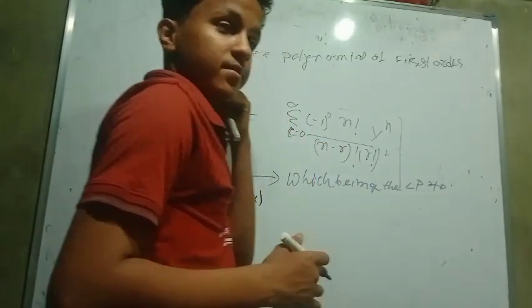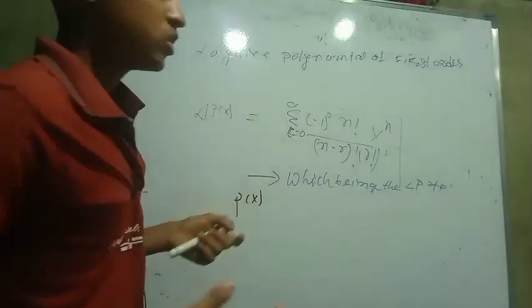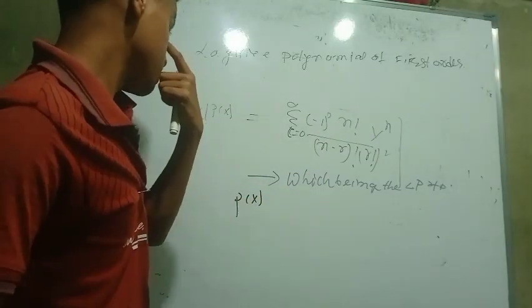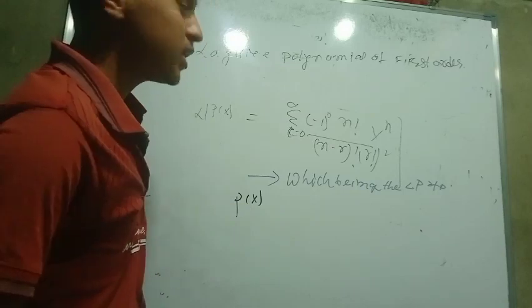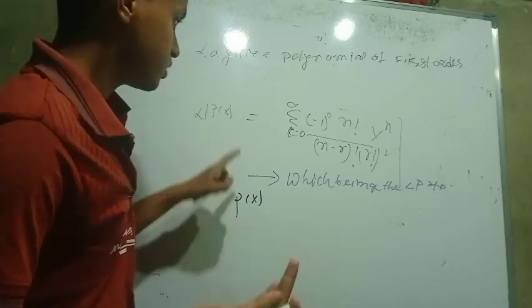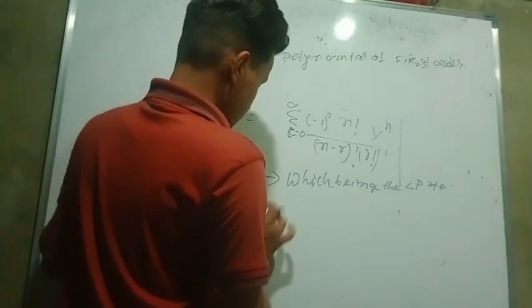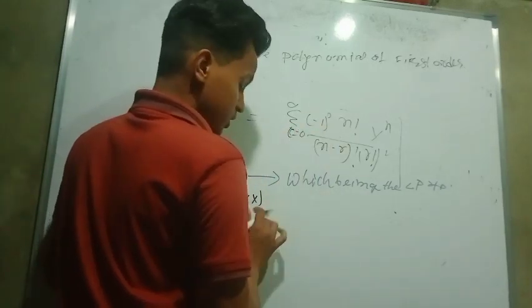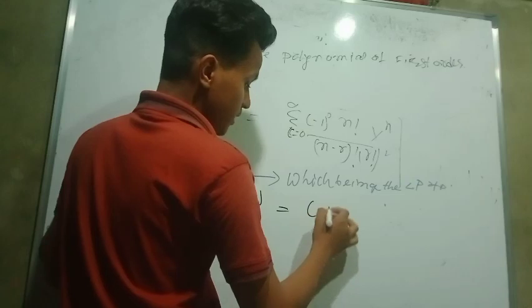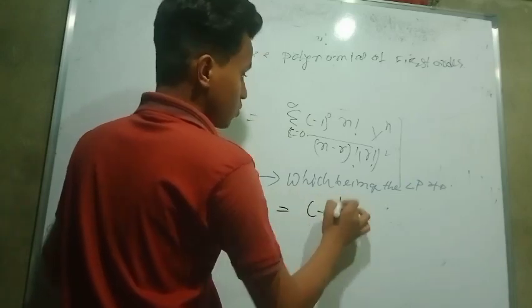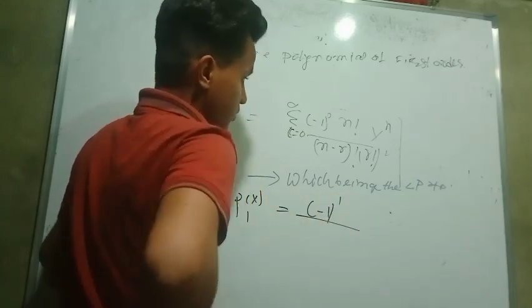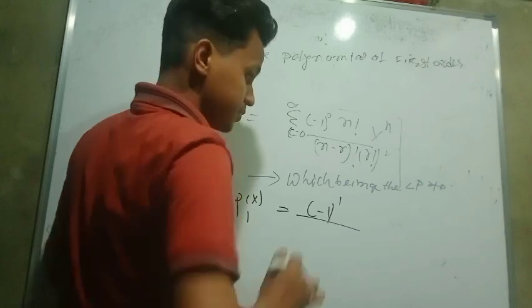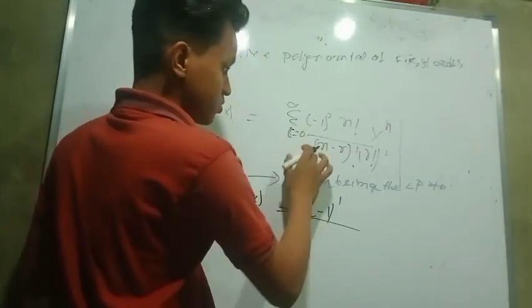Let's find some polynomials of first order, second order Laguerre polynomial. We will find a general result for the polynomial. Let's say P(x). We have L(x) equal to this, so we have to find P1. So what we get is minus 1 to the power 1 upon... here n is 1.